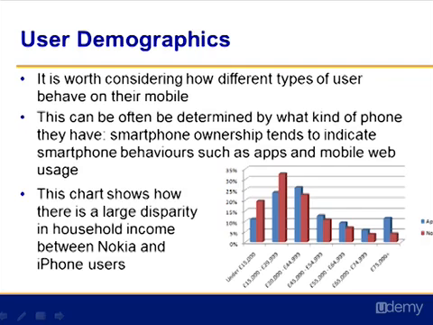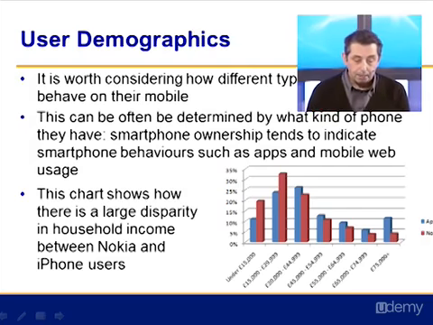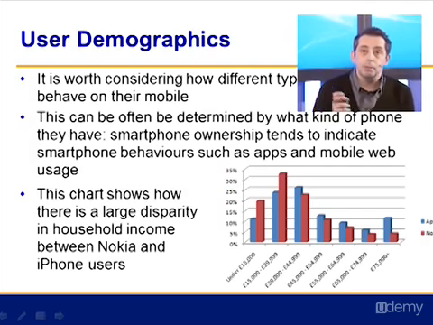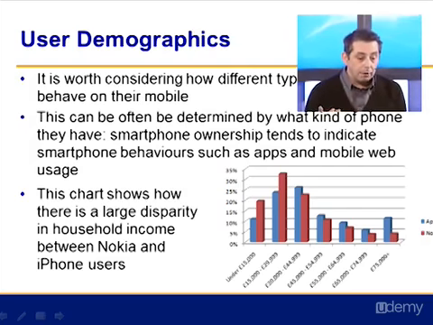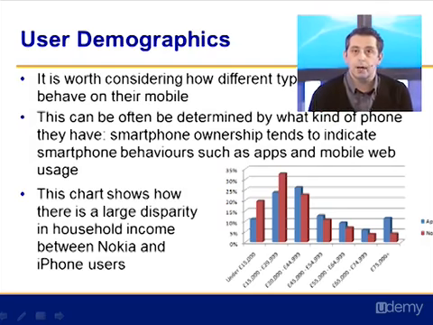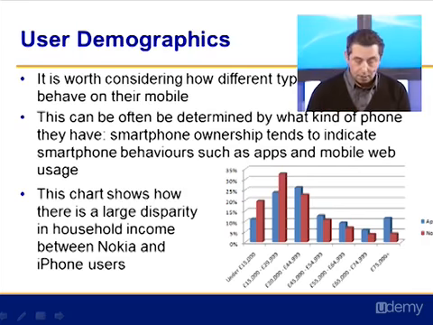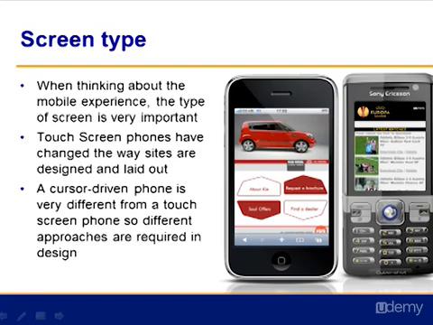For example, here it shows the difference between an iPhone and Nokia by income. You can see that Apple is skewed much towards people on higher incomes, whereas Nokia tends to be lower incomes. The more you understand about this, the better you can optimize your sites, because you can target the right people.